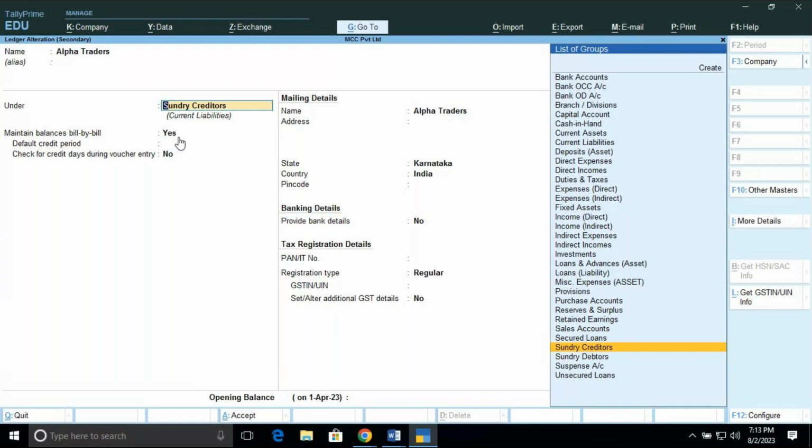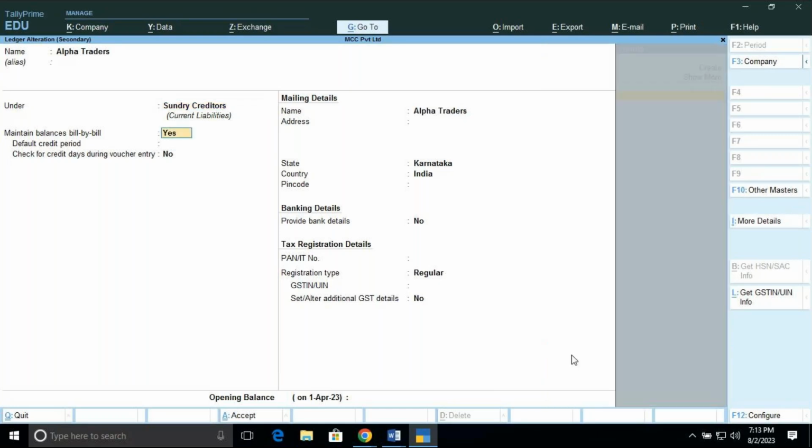This maintain balance bill by bill has to be yes only for sundry creditors and sundry debtors account groups only. That's all. Now, what is this maintain balance bill by bill? That is the next question. See, it should be yes. That is point number one.